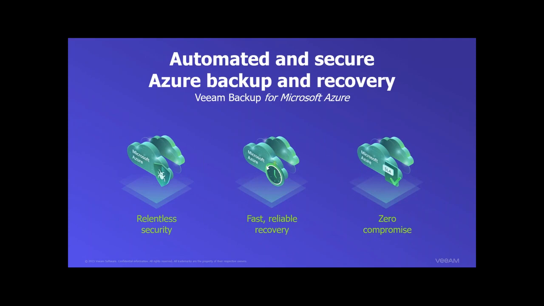Our Azure solutions have a host of incredible capabilities, whether that be tiering out to object storage to reduce costs, or having a policy-based approach to backup and recovery, so you're not managing individual agents. But when we think about the so what of those capabilities, I think of them in three categories. The first is all about security.